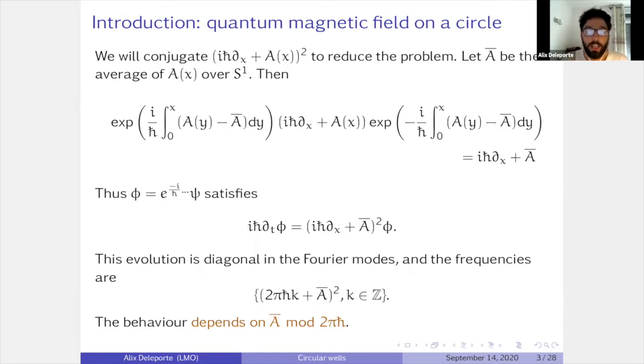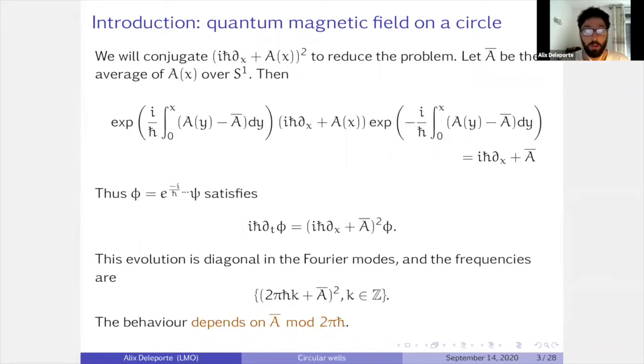And if you conjugate your operator, well, the square root of your operator, with an exponential of this primitive, then you've simply replaced the function A of x with the mean A bar. Thus, you can conjugate the equation into something which has a similar form, but now the differential operator in x which you apply does not depend on the position.